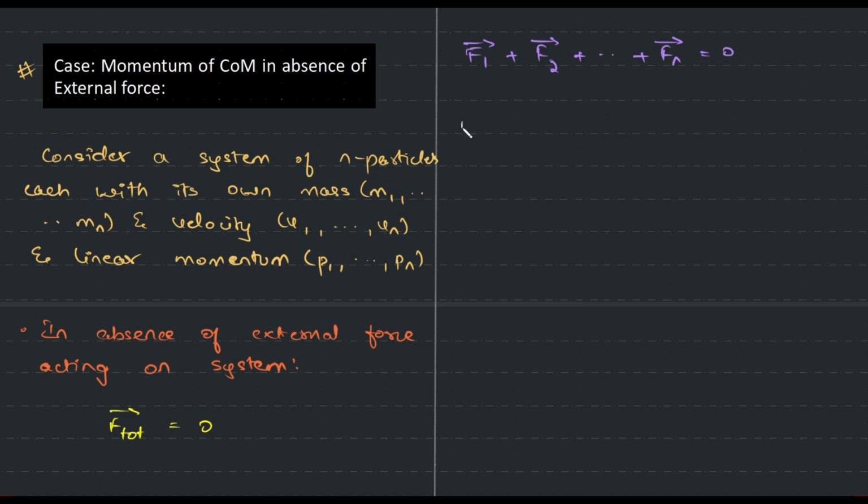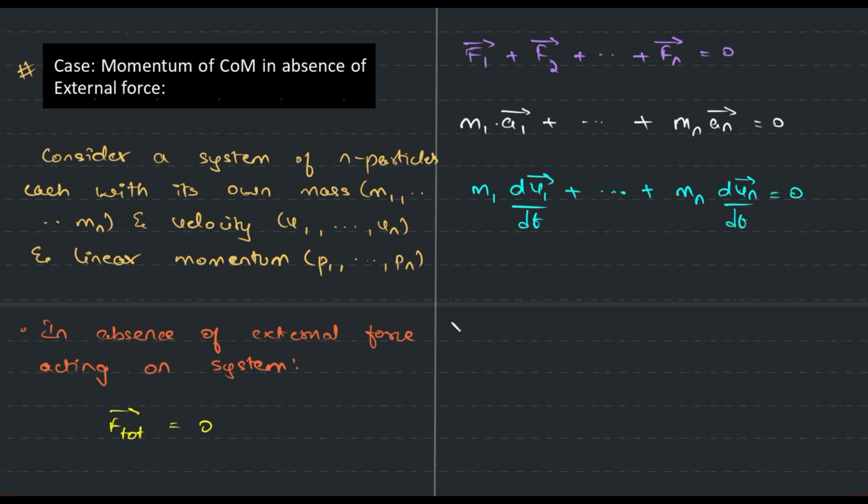But yeah, force is nothing but mass into acceleration. And in turn, I can rewrite this as m1 dv1 by dt plus mn dvn by dt. All of this is equal to 0.